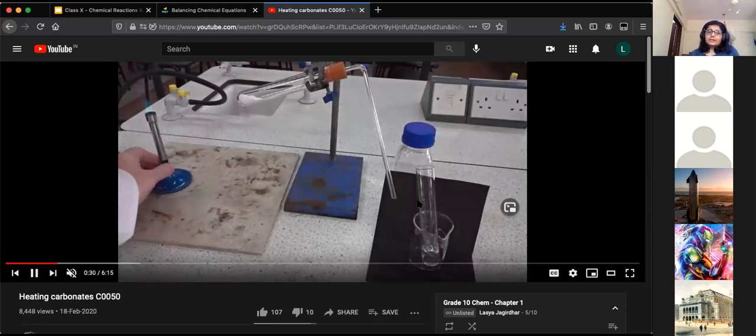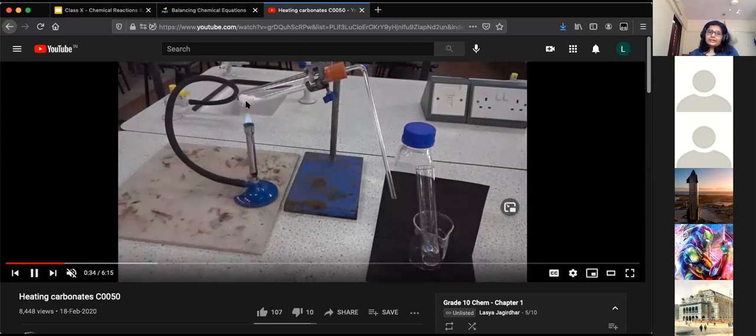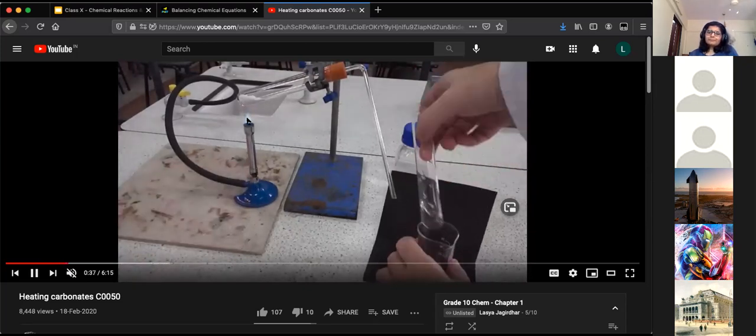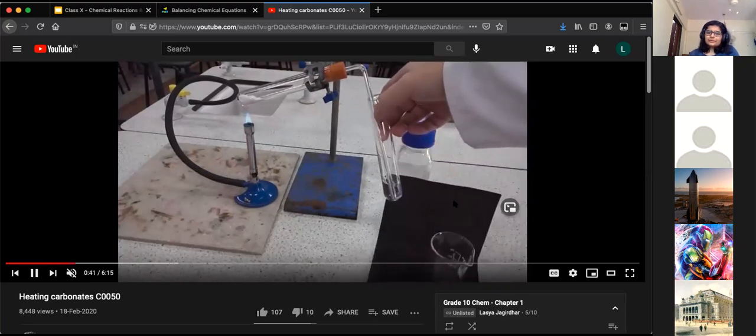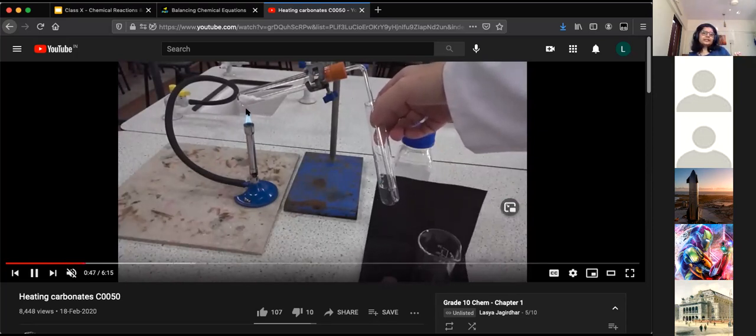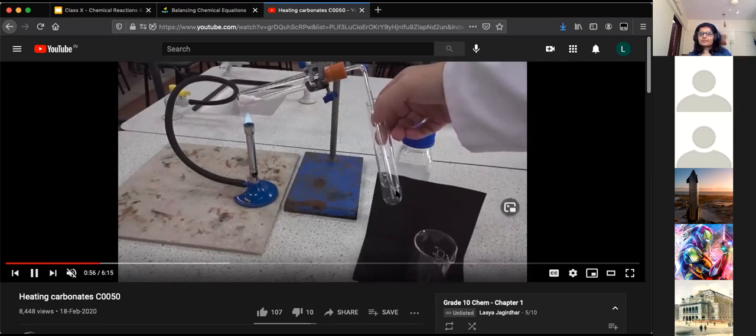If you remember, lime water is calcium hydroxide. Heating calcium carbonate, you can see there are bubbles here. Initially, because you're heating the test tube, the air inside also gets heated up, so that hot air is what escapes first.